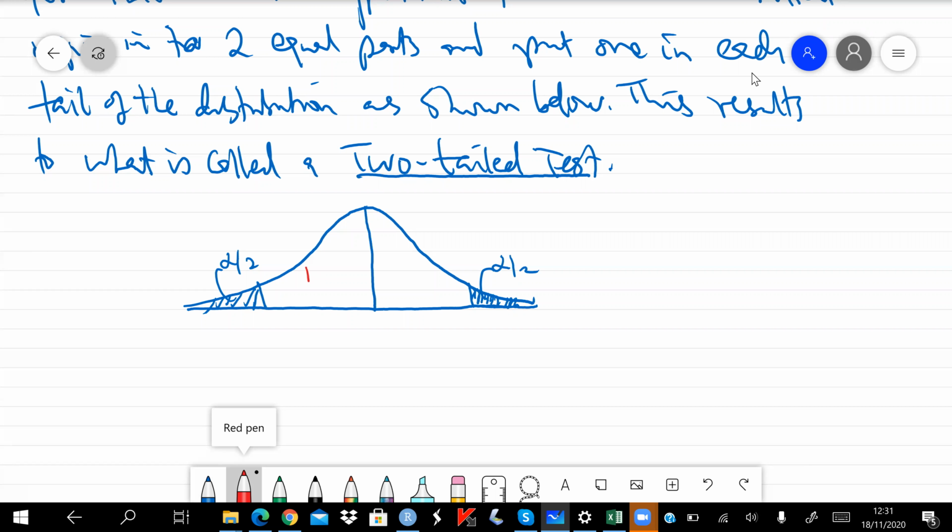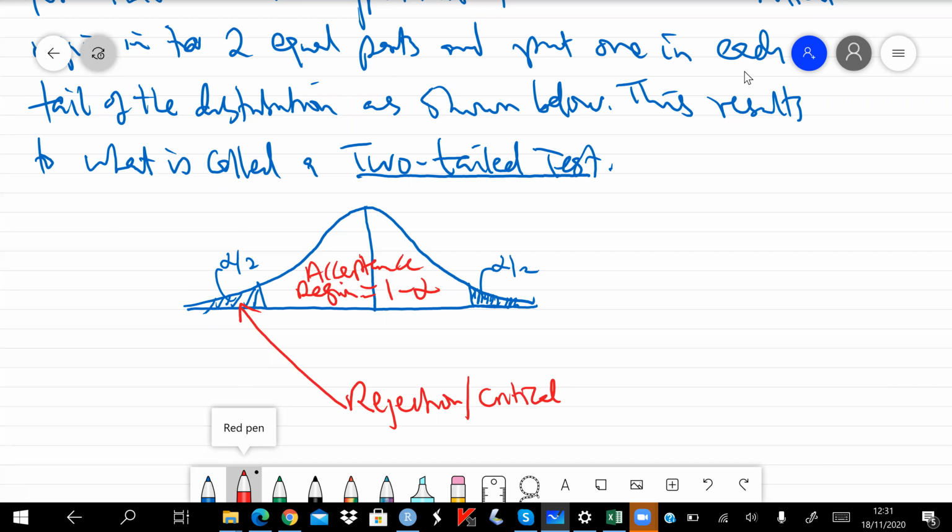In here, we have the acceptance region, which is the same as 1 minus alpha. And then here we have the rejection region, also called the critical region. Then, as mentioned earlier, we have the critical values.